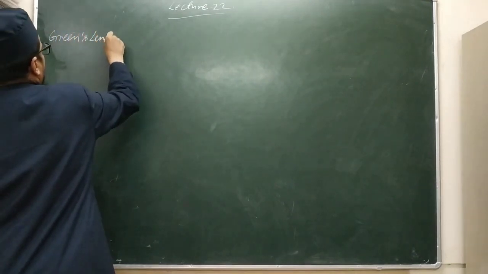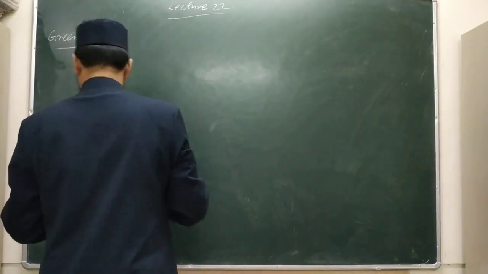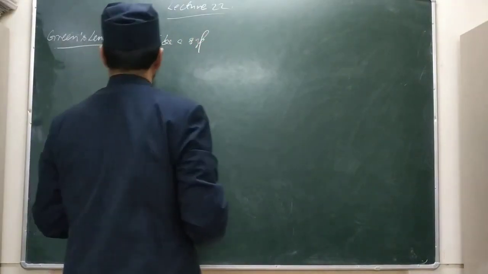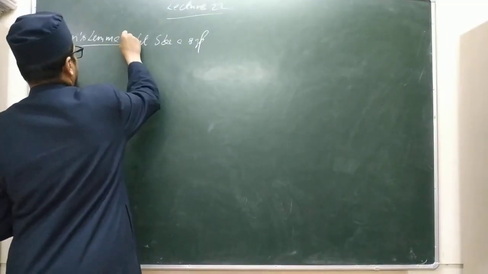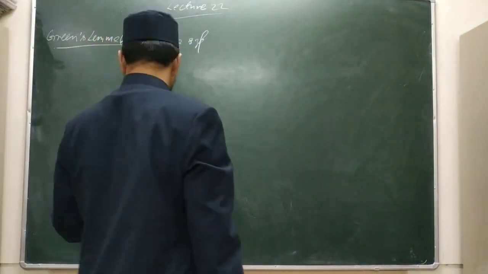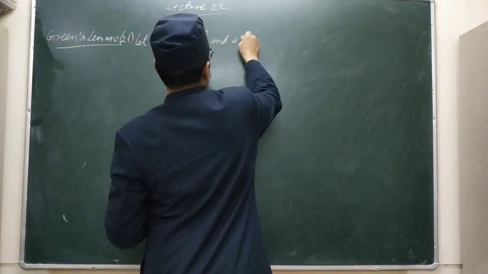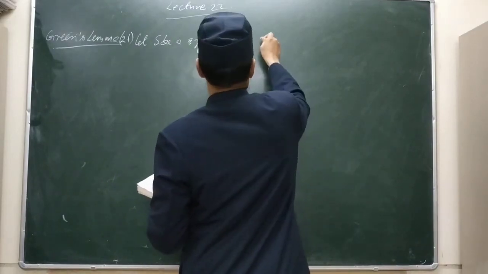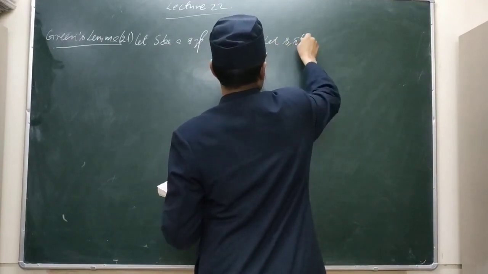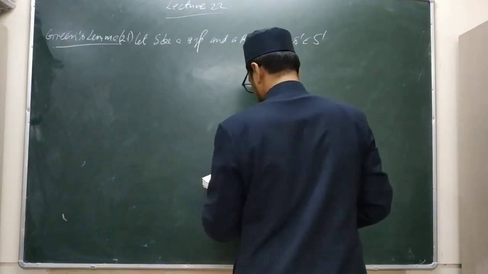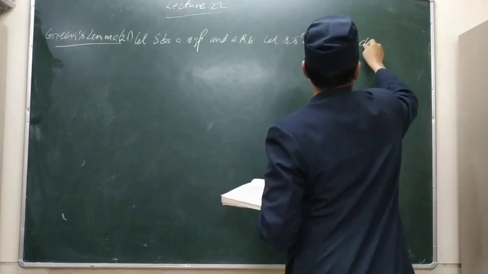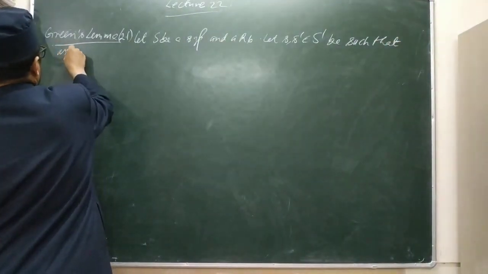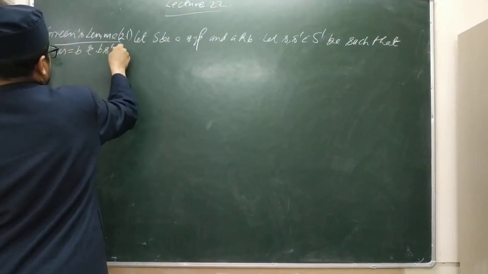Green's lemma. Let S be a semigroup. This is Green's lemma, lemma 2.1. Let S be a semigroup and a R b, let s, s' belong to S^1 be such that as = b and bs' = a.